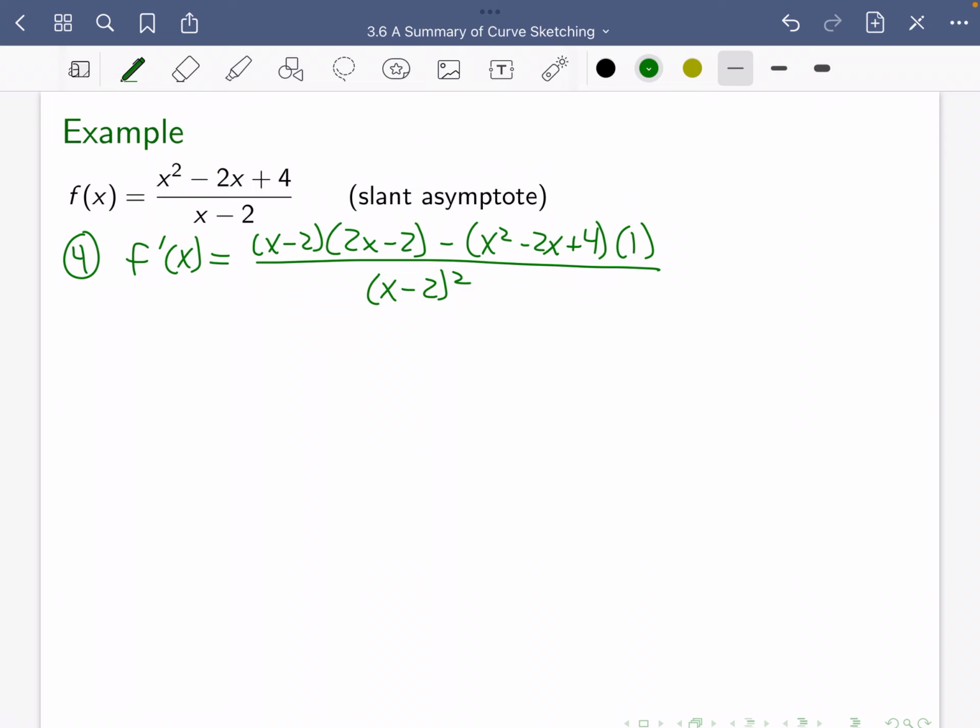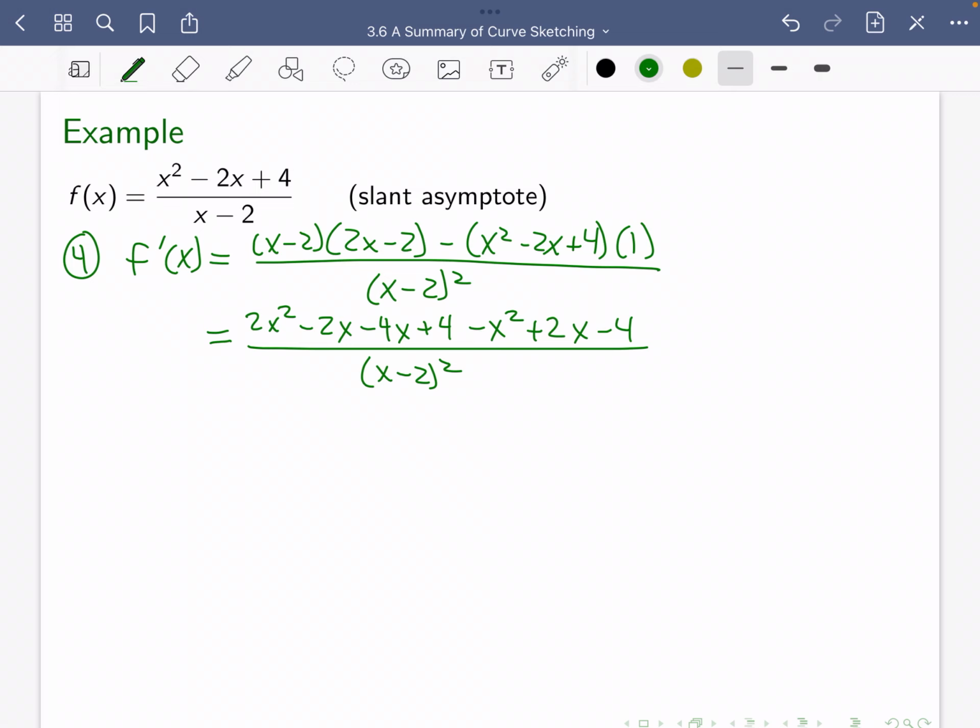If we were to FOIL this out and clean it up, on top we will have 2x squared minus 2x minus 4x plus 4 minus x squared plus 2x minus 4. Notice this negative gets distributed to all three of those pieces. All over (x minus 2) squared.